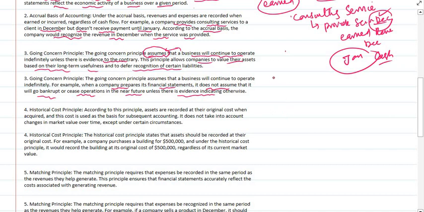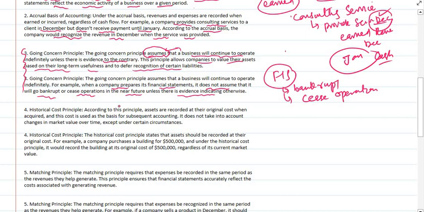So when you are preparing the financial statements, you assume that you will continue for the foreseeable future and there is no chance of bankruptcy. You will not be bankrupt, or you don't have any intention to cease or stop the operation. Clear? So this is the basic logic and the basic concept of the going concern principle.